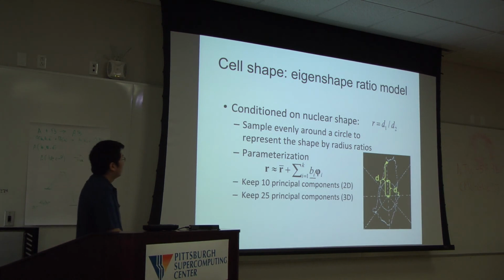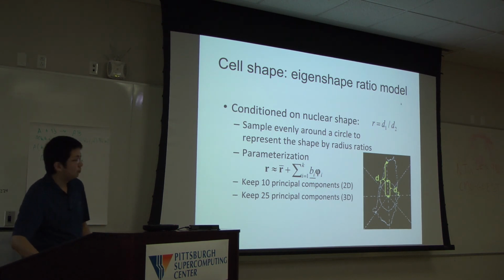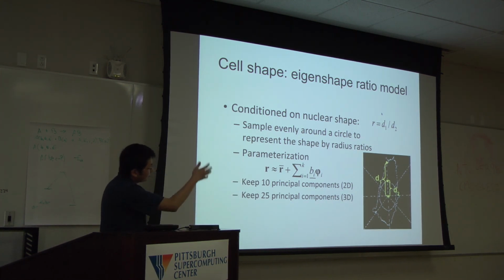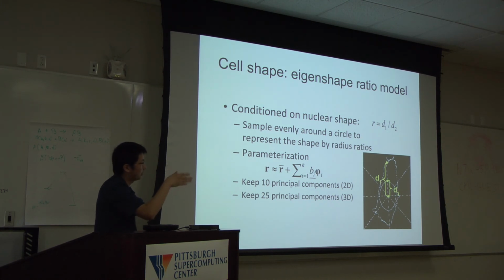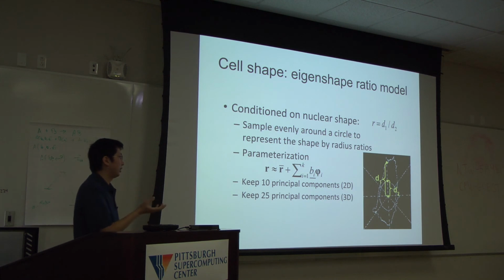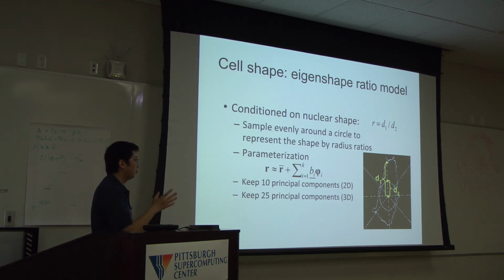Another model is the ratio model, as Bob talked a bit about. Basically, we model the cell and nuclear shape jointly, and we calculate the ratio of the distance from the nuclear centroid to the cell boundary and to the nuclear boundary. We rotate the line through every angle, and we can get 360 ratios.